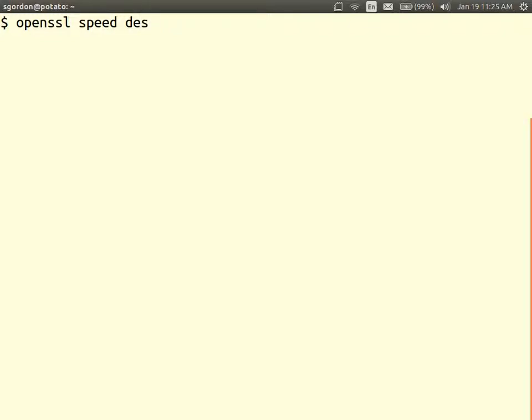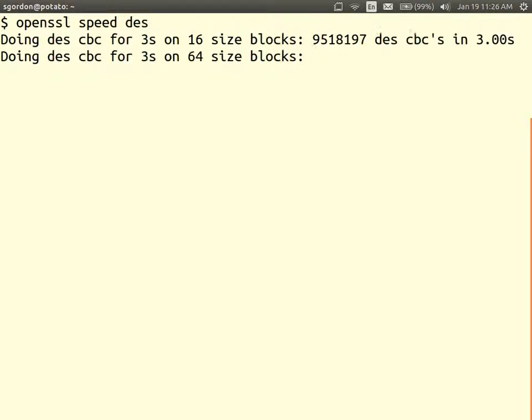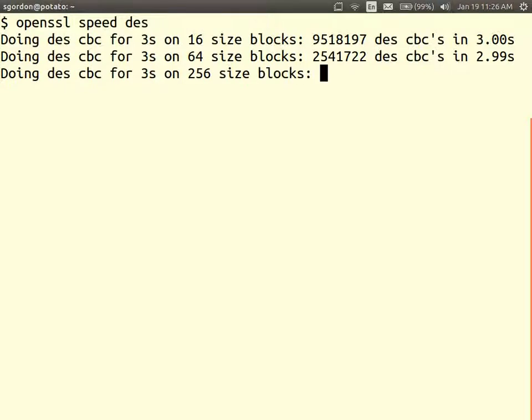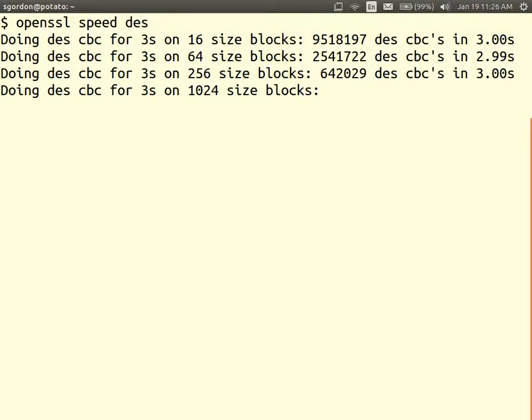What's going to happen when I press enter is that the software will just choose some random plain text of different sizes, encrypt them for as many as possible for 3 seconds, and record how many it could do. And it does it under a few different conditions, which we'll describe. It's doing some DES encryptions. My computer's running, and it does in batch of 3 seconds. It did 9,500,000 in the first 3 seconds.